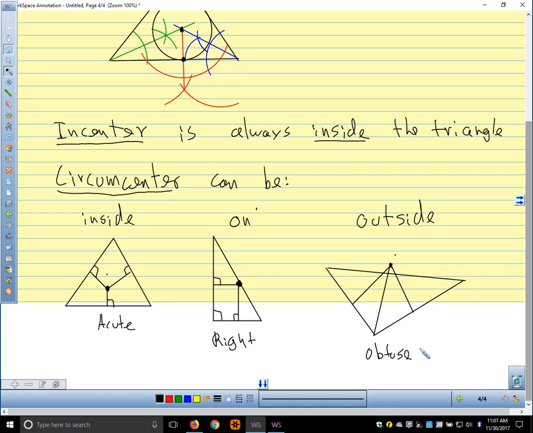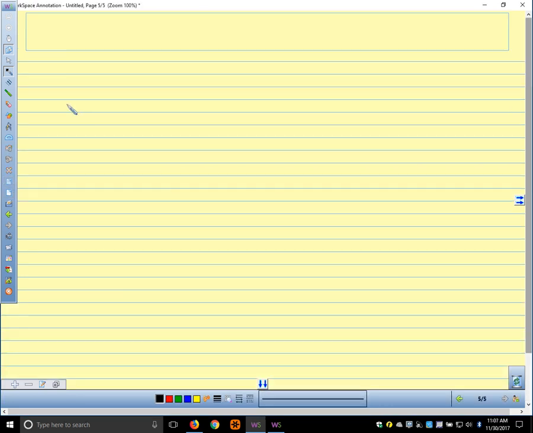All right, let's look at some examples using incenters and circumcenters. Let's say we have a triangle drawn on a set of coordinates. So we have some axes here, my y-axis and my x-axis.